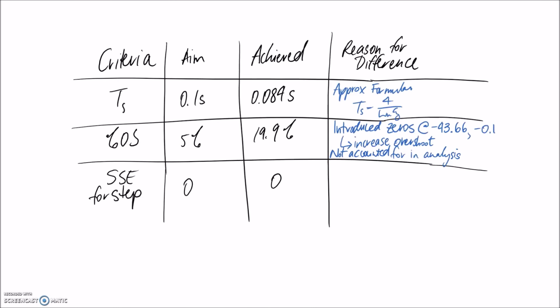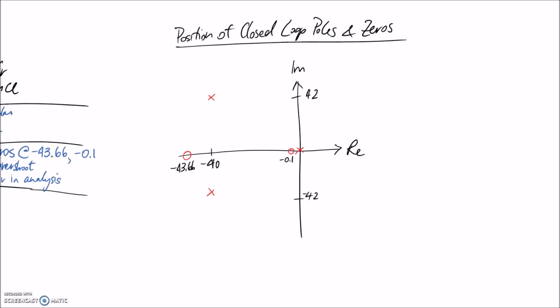The other thing that you can look at for this is the effect of dominance. So if I go and have a look at where my closed loop poles and zeros are for my designed system, these are the two desired ones that we were going for. These two here were meant to have pole zero cancellation, and this one out here was the extra one we introduced. So remember that the closer a pole or a zero, doesn't matter which one actually, is to the imaginary axis, the more effect that it's going to have.